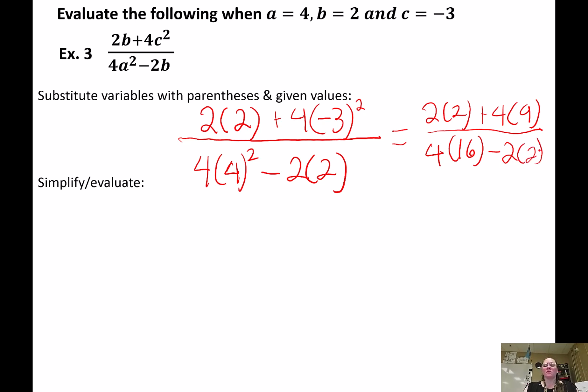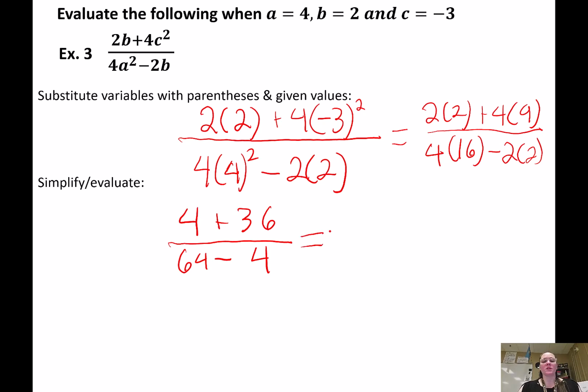Okay, next thing, we have no exponents, no other grouping symbols. So now I'm going to do my multiplication in the top and the bottom. I'm going to come down over here so I've got lots of space. So 2 times 2 is 4, plus 4 times 9, which is 36, over 4 times 16 is 64, minus 2 times 4, which is 4.